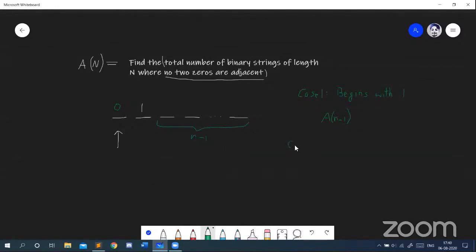So case 2. Begins with 0. And the answer is A of, so this is n-2 now. And we get this recurrence.